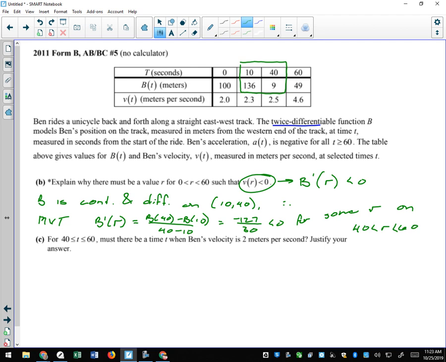So I've shown through the mean value theorem that I must have a value for the velocity, because v is b prime. Now I gave a specific value, negative 127 over 30, but it's negative, and that's all we were trying to show.